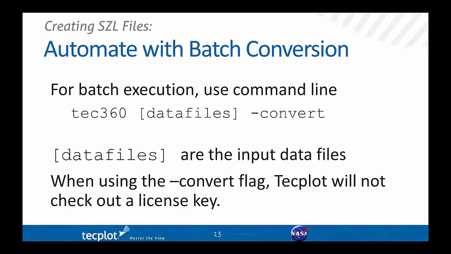The advantage of the convert flag, and this is not so much for NASA users because you have a site license at NASA Langley, but for other users that may be listening, is that it does not check out a Tecplot license key. So it won't take one of your keys, and you can install it on a machine that does not have a license server. As long as you limit your activities to converting files to the SZL format, it'll work without the key.